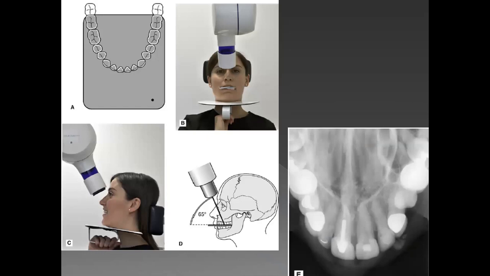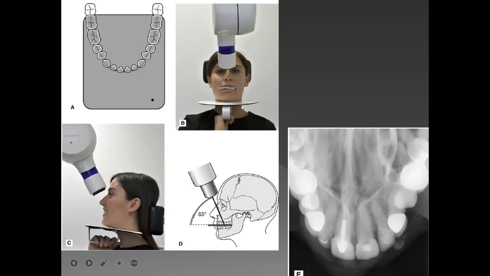Now, this is the upper standard occlusal or the tomographic view of the maxilla. In this, as you can see, the X-ray beam angulation is now 65 degrees in comparison to 45 degrees in the anterior occlusal. Patient is again biting on the occlusal X-ray between the teeth. The direction of the X-ray beam is now 65 degrees. And this thing that you see over here is basically the thyroid collar.